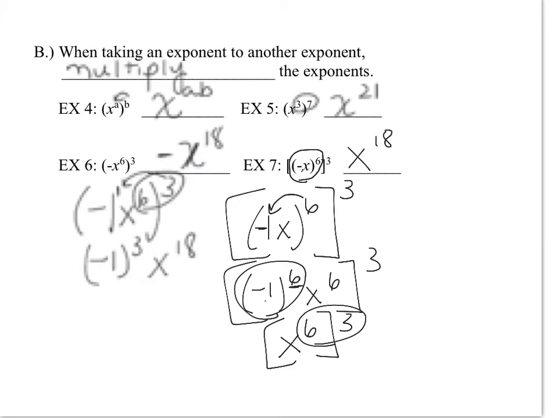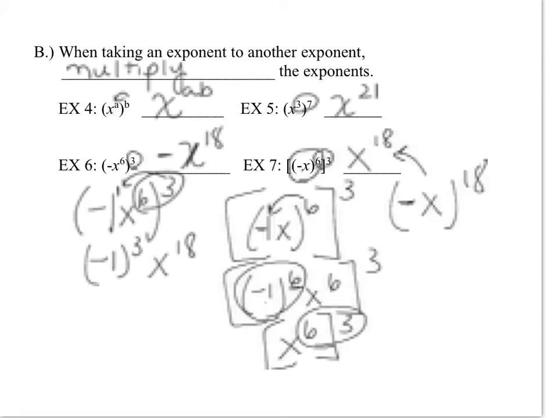You are also welcome to multiply these exponents together first, and then you still have negative x to the 18th, which would still give you positive x to the 18th, because a negative taken to an even power, all the negatives will pair up, so you will always have a positive answer. Over here is a little different because you were taking it to 3 and a negative to the 3rd power. All the negatives don't pair up, so the answer is negative.